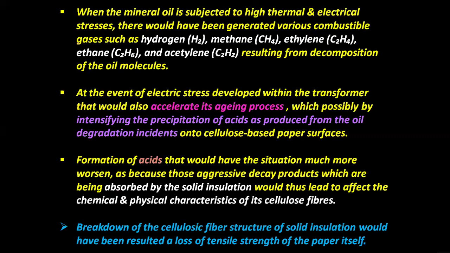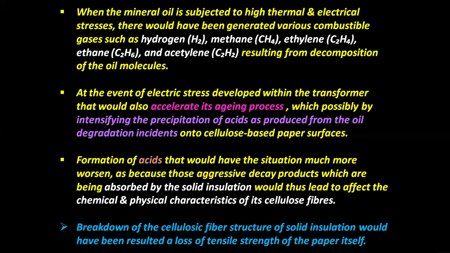Electric stress developed within the transformer also accelerates its aging process, possibly by intensifying the precipitation of acids produced from the oil degradation onto cellulose-based paper surfaces.